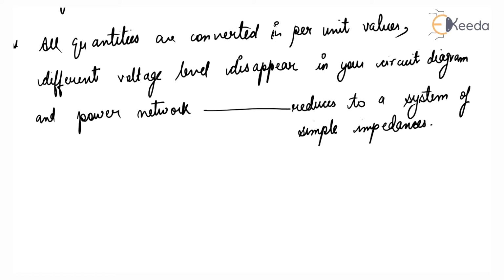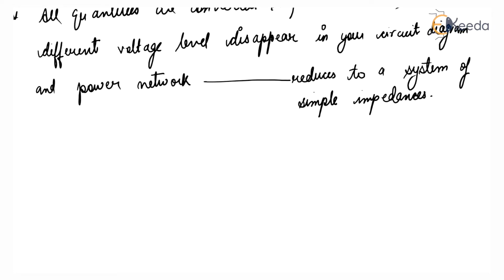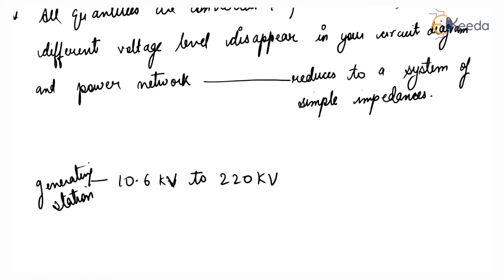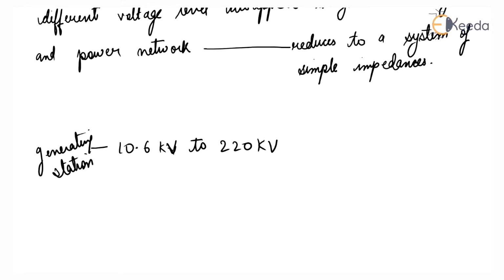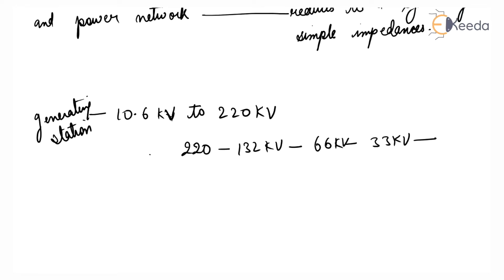Because suppose at the generating station the voltage is stepped up, say 10.6 kV stepped up to 220 kV. Then the 220 kV line will go, and then from 220 kV to 132 kV to 66 kV to 33 kV and so on, coming downstream for the distribution system.